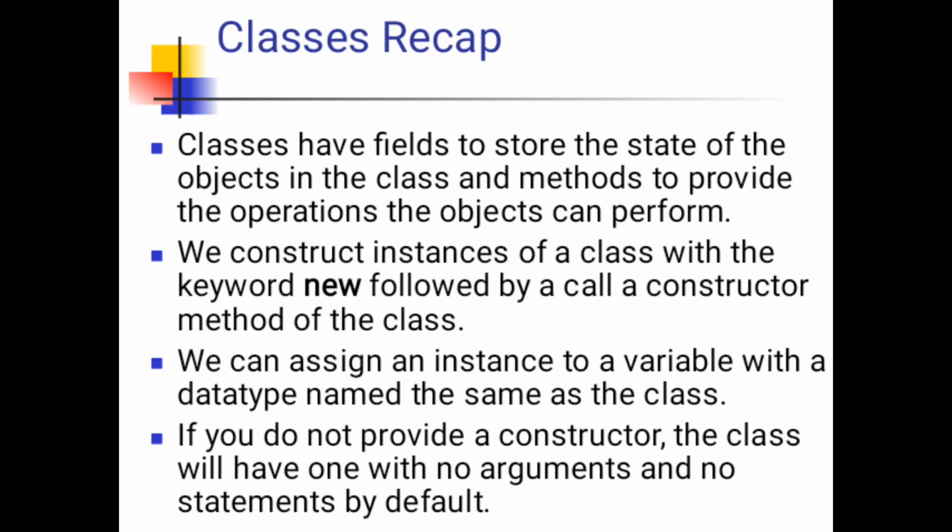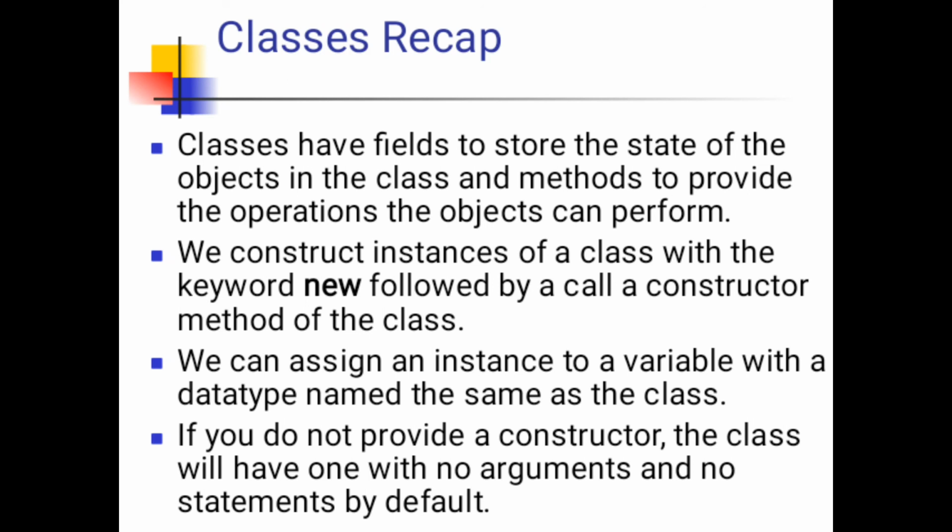Classes recap. Classes have fields to store the state of the objects in the class and methods to provide operations the object can perform. We construct instances of a class with the keyword new followed by a call to the constructor method of the class.